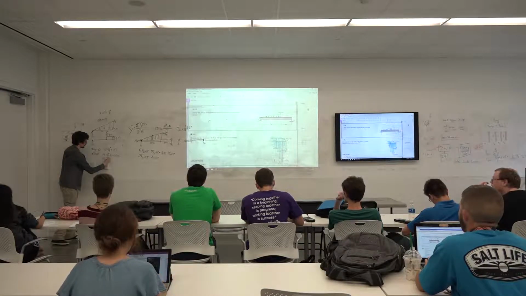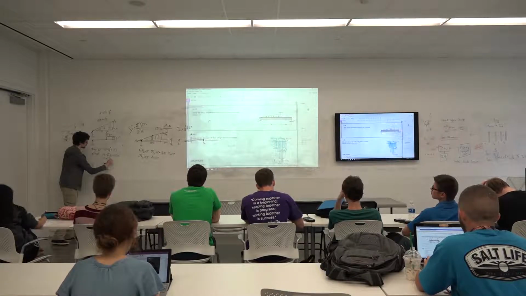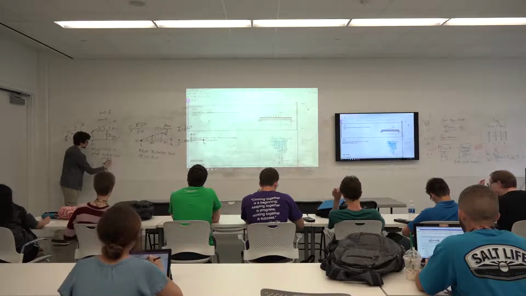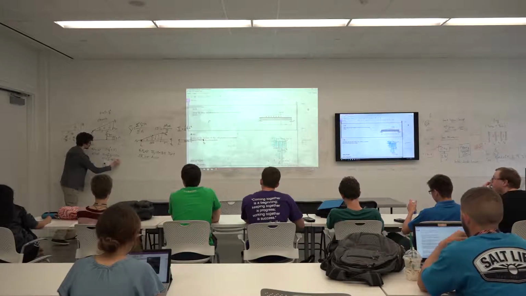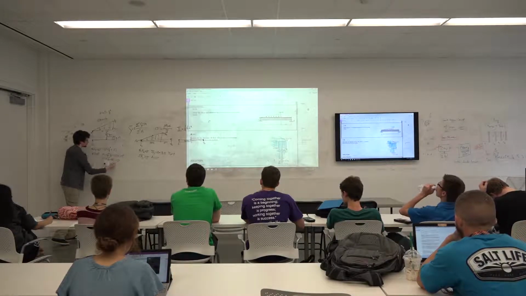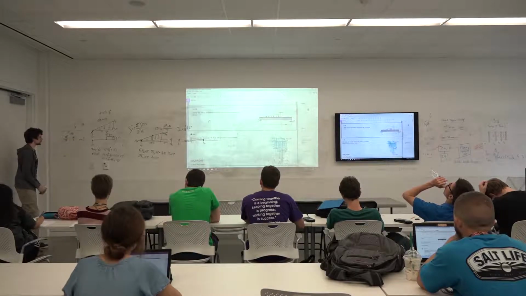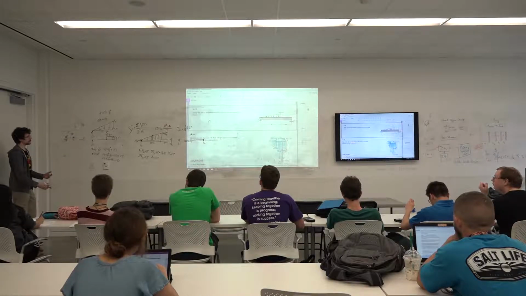Moment plus X cubed over 24 minus 10X is equal to 0. Those are our two equations for up to 12.